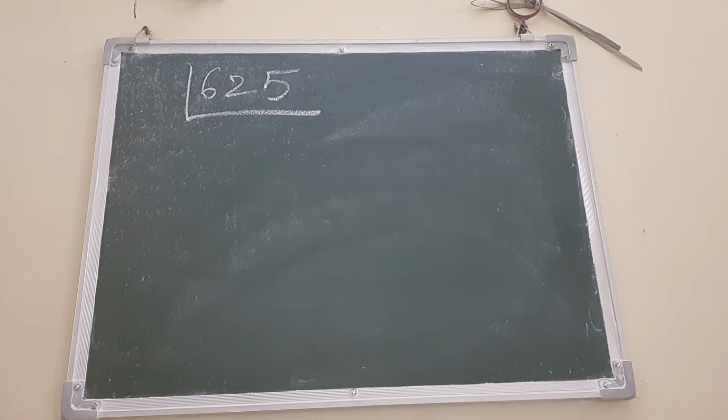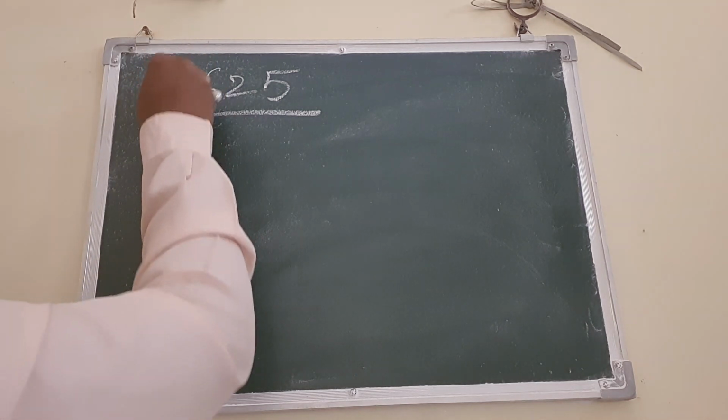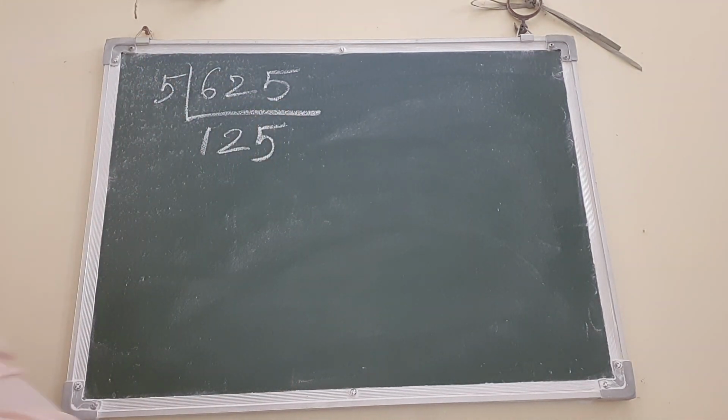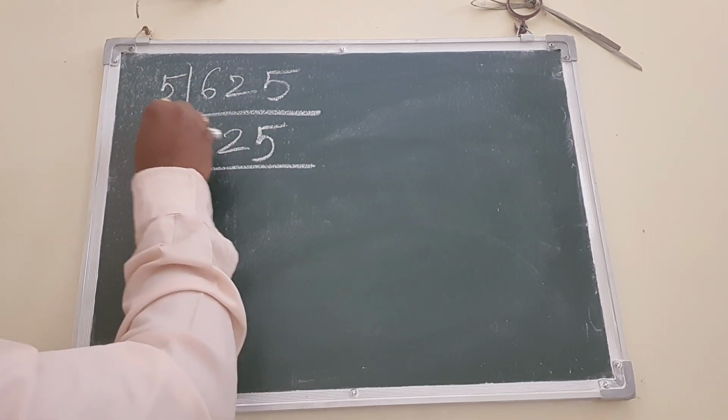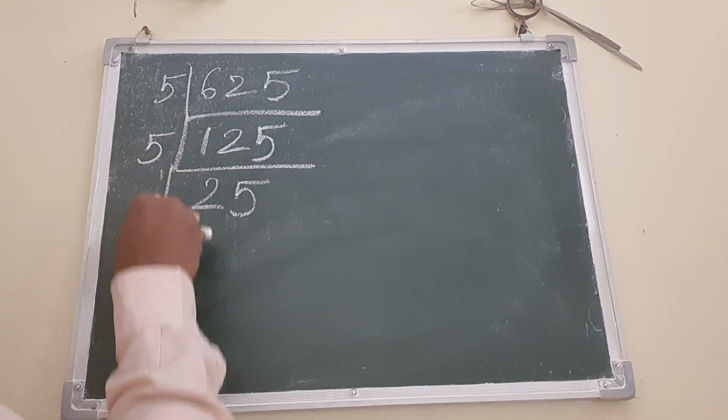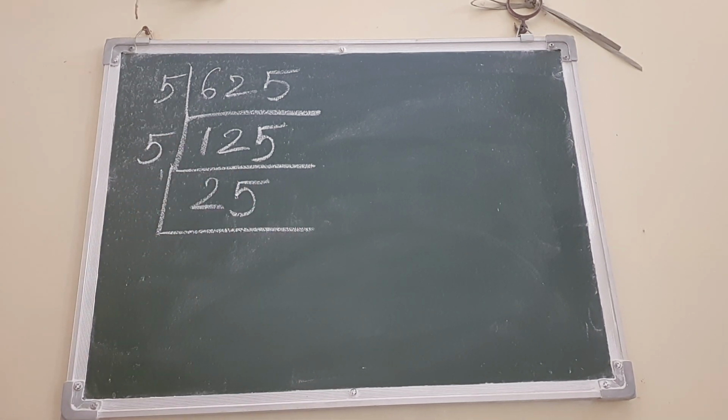In the end it has 5, so it is divisible by 5. So it comes out to be 125. Again it has 5 in the end, so it is again divisible by 5. So it comes out to be 25. Again it has 5 in the end, so it is divisible by 5.